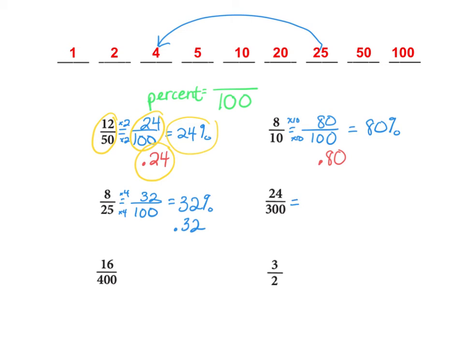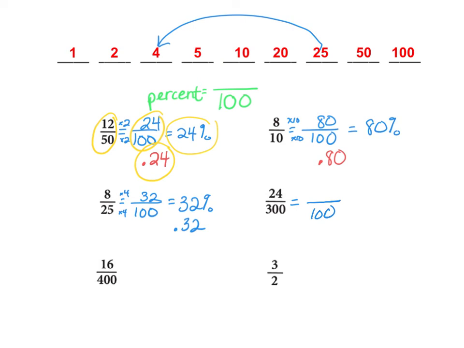Now what's a little different about the next one? 24 out of 300. Obviously 300 is not on my list. 300 is not a factor of 100, but 300 is a multiple. That means I can still turn 300 into my goal of 100 at the bottom. What needs to happen to make that change?